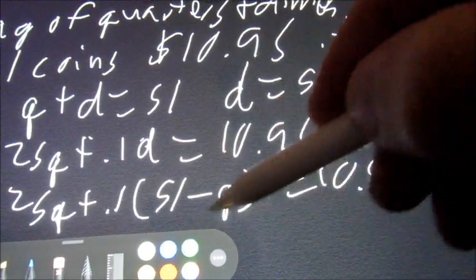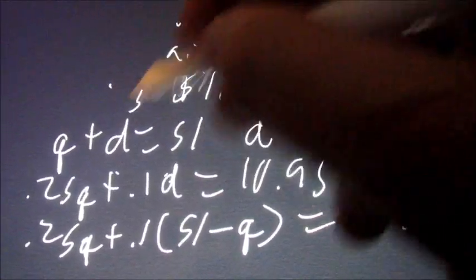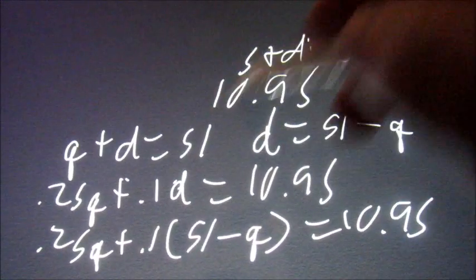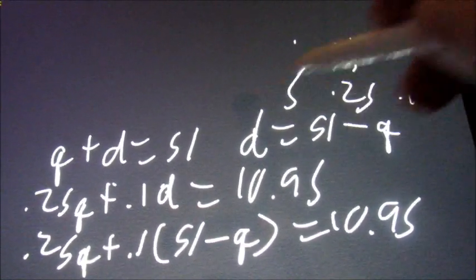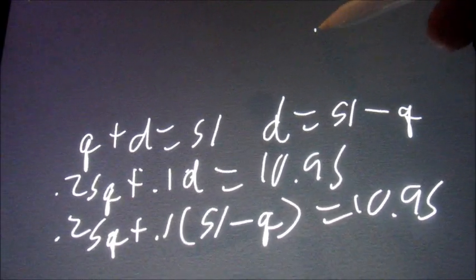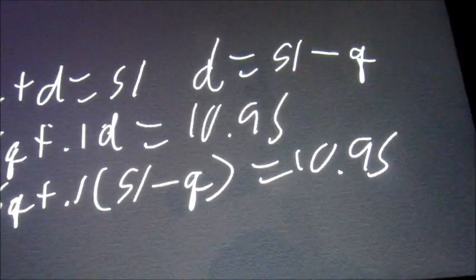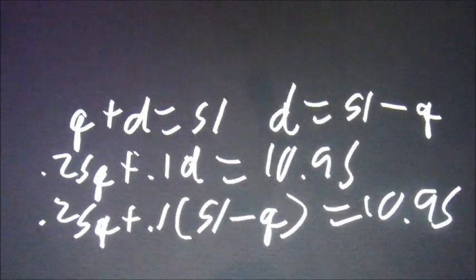So now I'm going to have to erase this part so I have some room. Now I'm going to solve and find out how many dimes there are, and then I'll be able to solve for the quarters.